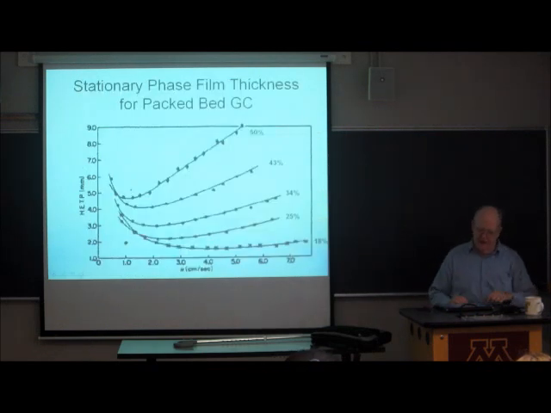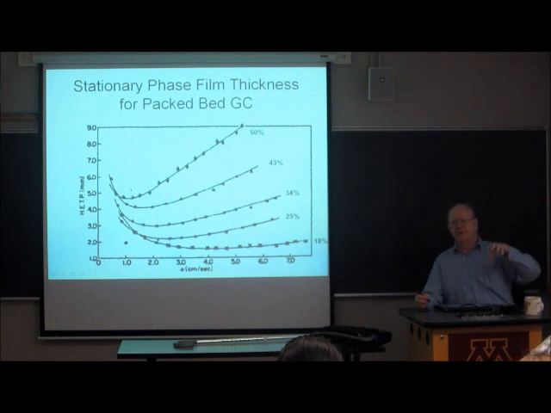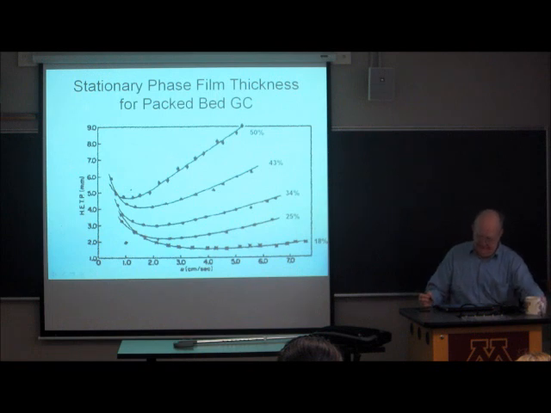Here's an analogous plot for packed bed GC. This is not an open tube GC. This is, say, a 1/4 inch ID tube packed with particles, and then the stationary phase is impregnated into the particles, and then those particles are somehow gotten into the column. And that's a real art. The particles are the same in all of these curves.